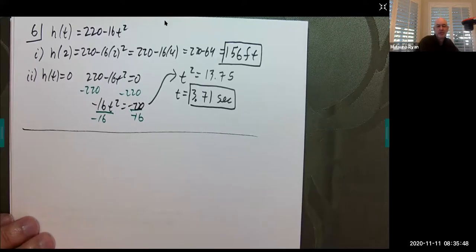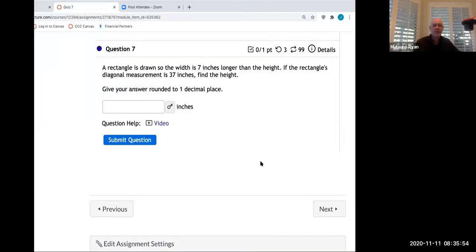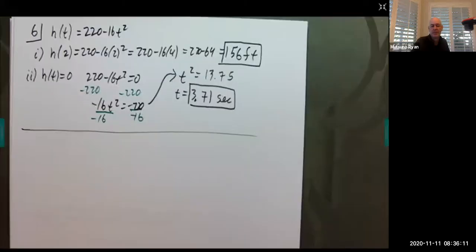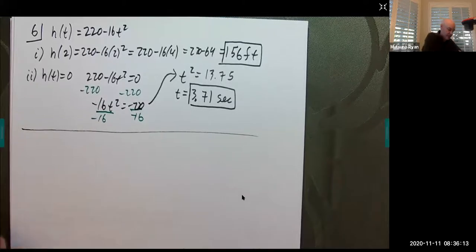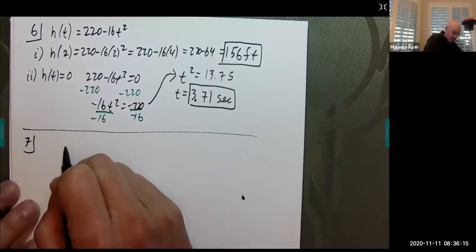Let me switch screens so you can see what I'm looking at. A rectangle is drawn so that the width is 7 inches longer than the height. If the rectangle's diagonal measurement is 37 inches, find the height. So let me draw a picture here. So we have a rectangle.